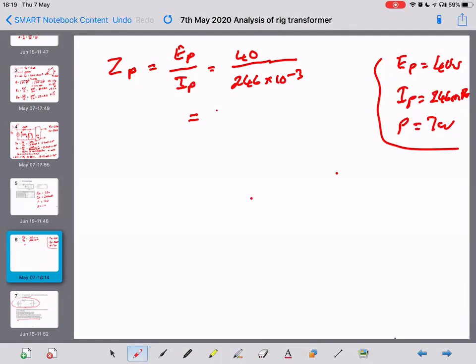So let's go 163, shall we? Yep, 3 significant figures. So that's the total impedance.